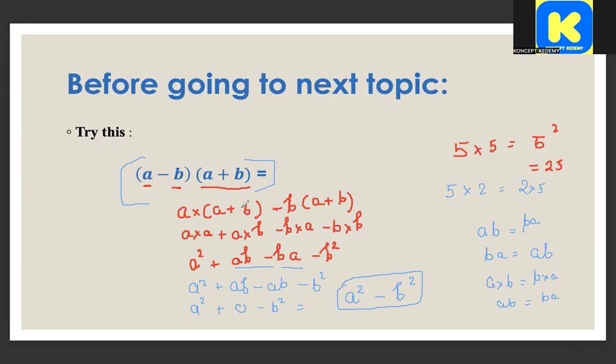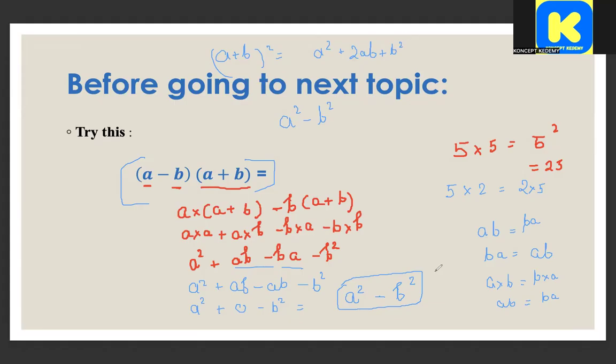I hope you understand. Now we are going to the next part. But before going there, I just want you to recall if you ever heard about the expansion of a square, the factorization of a square minus b square. Like we have some rules, a plus b whole square, and we open it this way, a square plus 2ab plus b square.